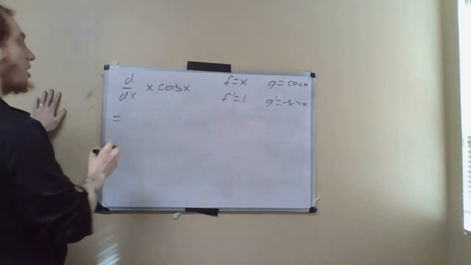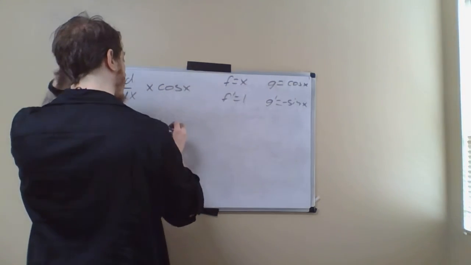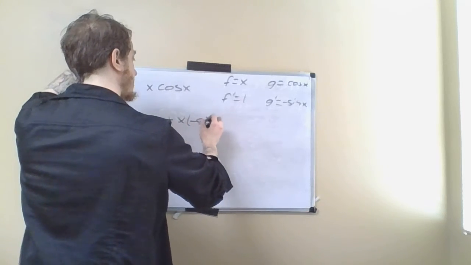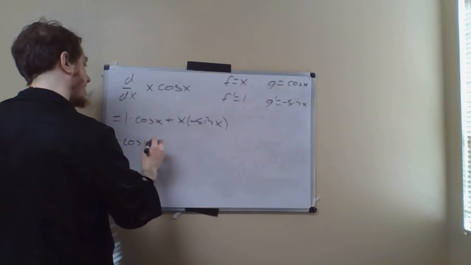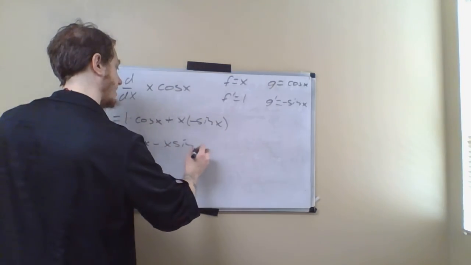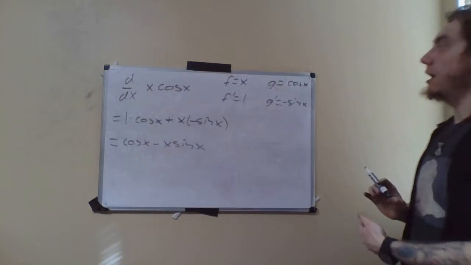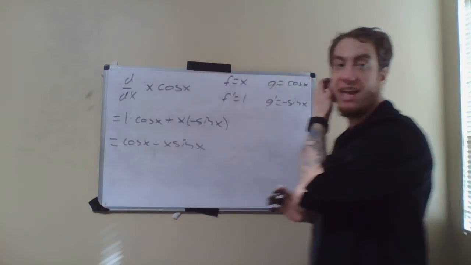So f prime g becomes 1 times cosine x, plus f times g prime, that's x times negative sine x. And we end up with cosine x minus x sine x.